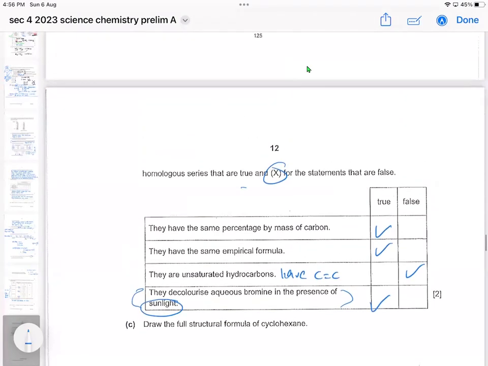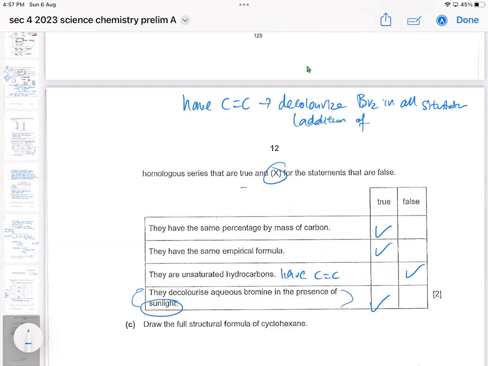So let's do a comparison here. If you have a CC double bond, it will just decolorize the bromine in all situations. This is under addition of bromine. They will put it in and then you test for whether a CC double bond is present or not.